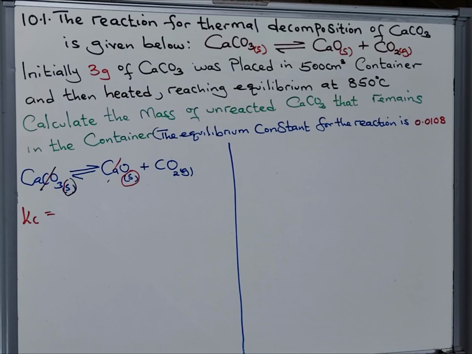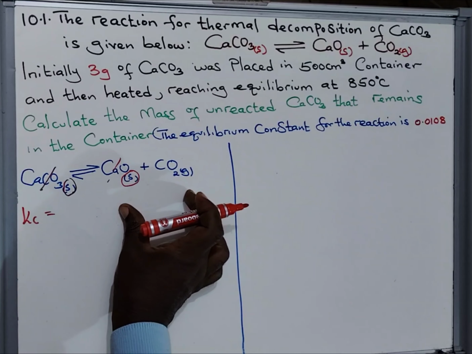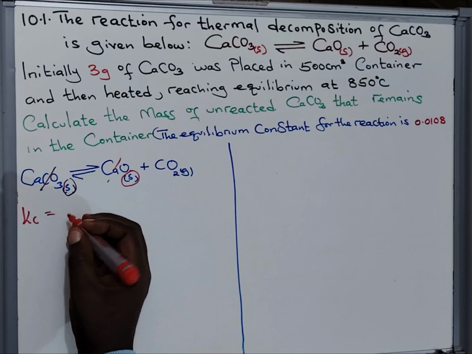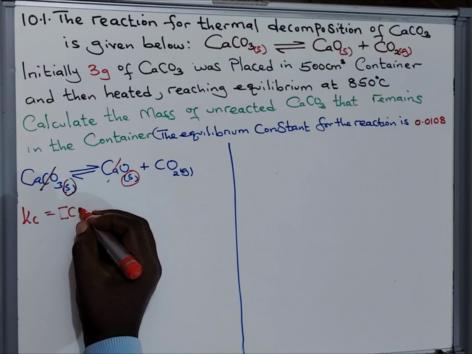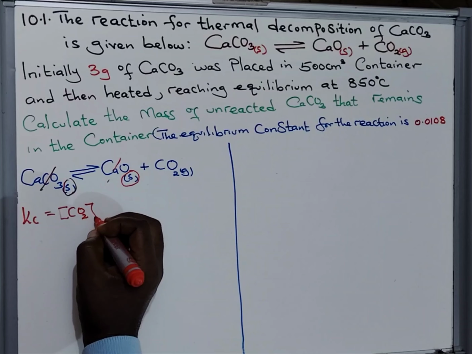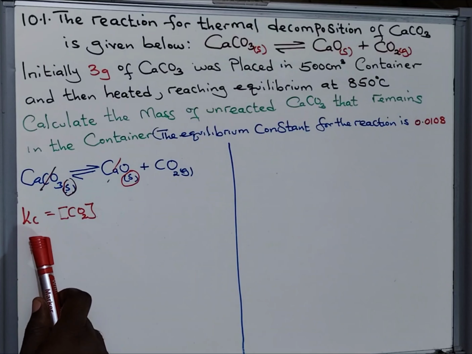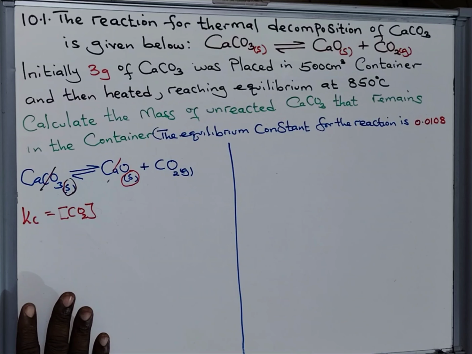So that one comes to our Kc expression. Remember, it's supposed to be products over reactants. But for this reaction, we have only the concentration of carbon dioxide as the only entity. So in other words, Kc is equal to the concentration of carbon dioxide for this case.